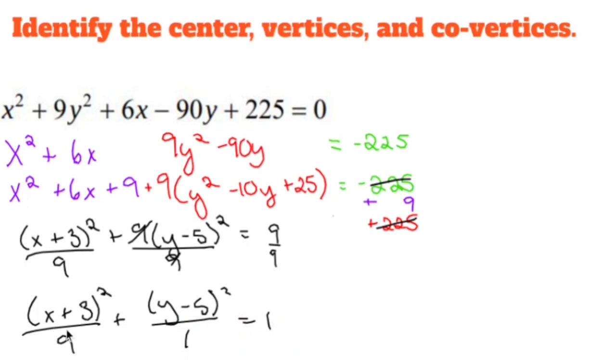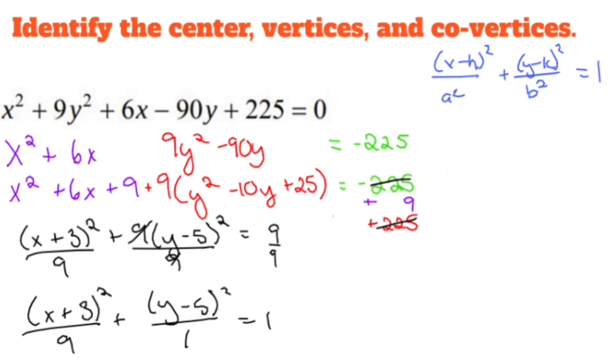Now, for an ellipse where the number underneath the x is bigger than the number underneath the y, I have this form right here that I'm going to write up. It's going to be x minus h squared over a squared plus y minus k squared over b squared equals 1.